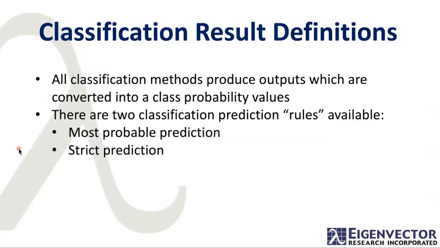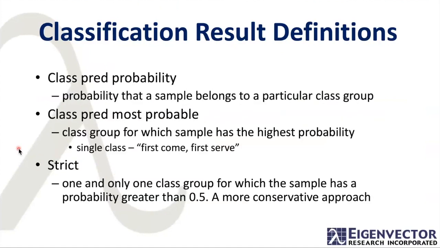Okay, we can go past that. That's what I was just describing about the 2 rules. And this is a summary of those different quantities you can look at. For the class pred most probable, you will always get a most probable, even if all the probabilities for a sample of belonging to the different classes are really small.